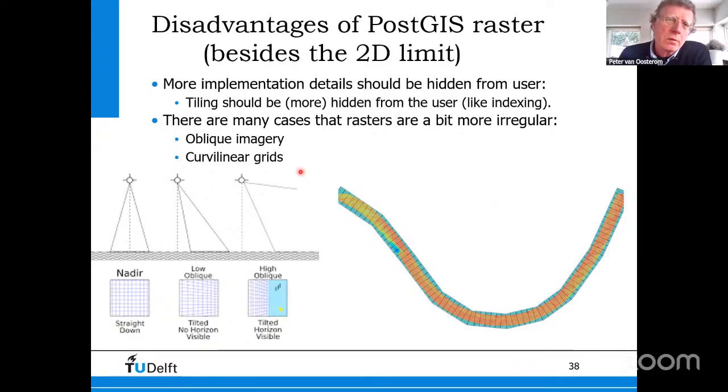And there is also not good support for alternative raster grids like oblique images, as you see here on the left-hand side, but also like in hydrography, where grids are used that follow the river shape and are not per se rectangular grids. So this is not supported, but maybe you could say it's also quite exotic, not that strange.